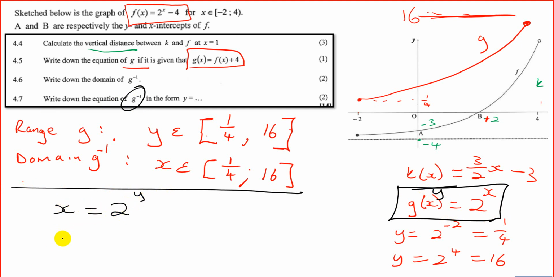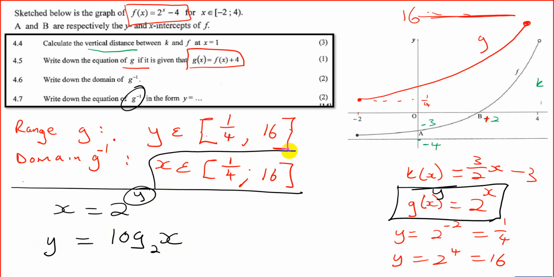And then we introduce a log as we are solving for an exponent. And then y is equal to log x base 2. But remember that this graph has a restriction in terms of its domain. So we need to bring that down and stipulate that x is an element from 1/4 to 16.